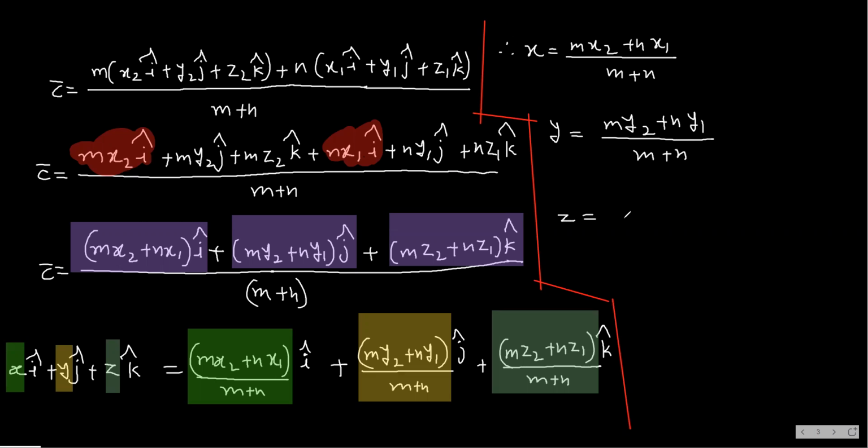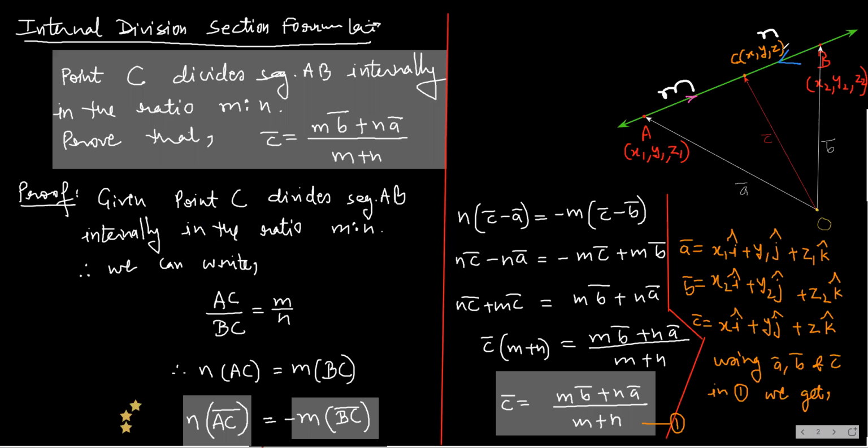And z equals mz2 plus nz1 upon m plus n. See, you got the coordinates of point C, that is x, y, z. You got all the coordinates of point C. And see, x is mx2 plus nx1 upon m plus n.